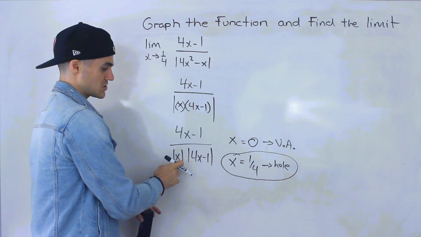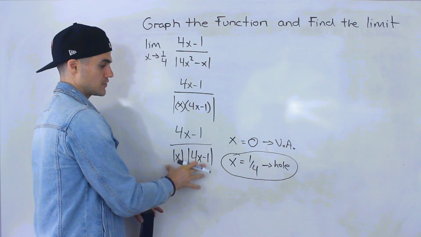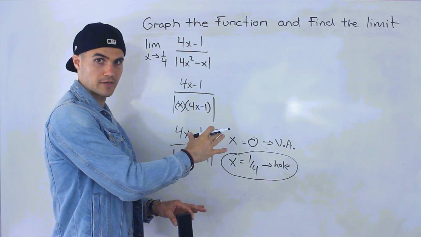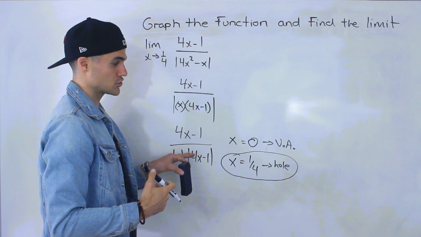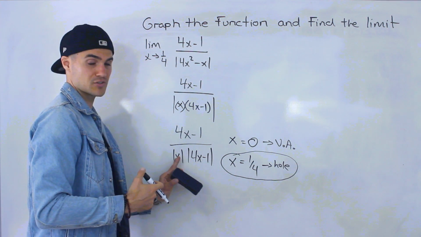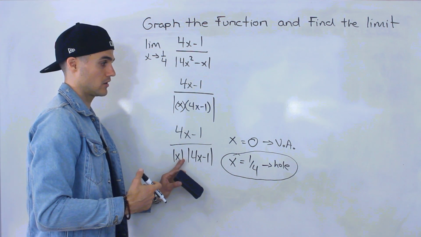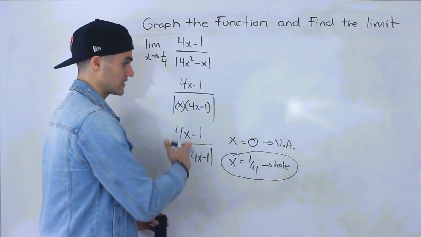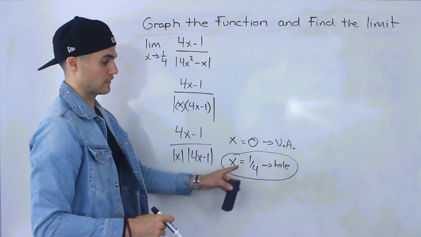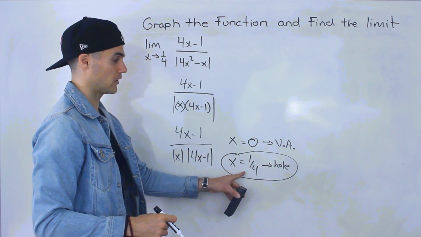Because there's multiple absolute values in this function and you want to turn it into a piecewise function, which is what we're going to do, you can make the piecewise function more complex because you have this absolute value of x as well. So you can make it for x values less than 0, between 0 and 1 over 4, and then for x values greater than 1 over 4.